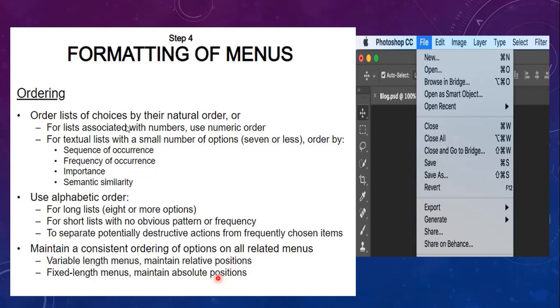And next, you have to maintain consistency between the menus also. You may have variable length menus and fixed menus, and in any case you have to maintain consistent positions. For example, exit is always displayed at the last in the menu.